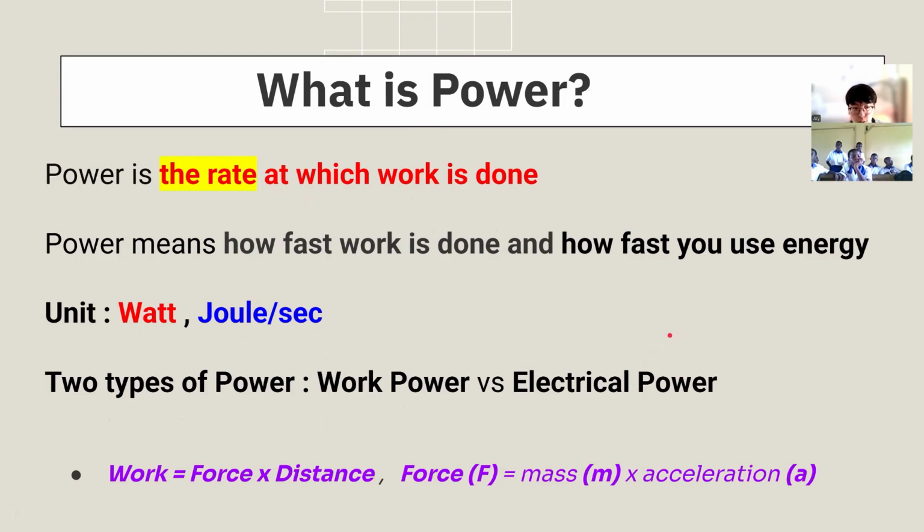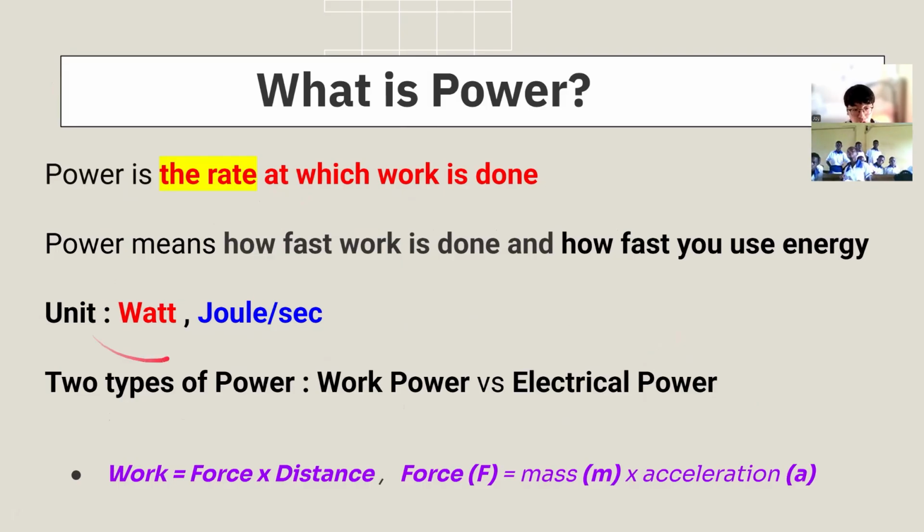So what is power? Power is the rate at which work is done. So power means how fast work is done and how fast you can use energy.